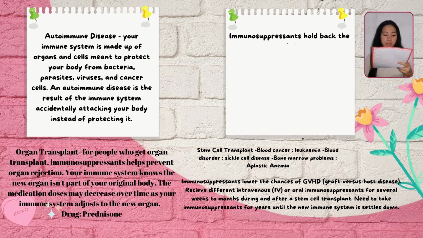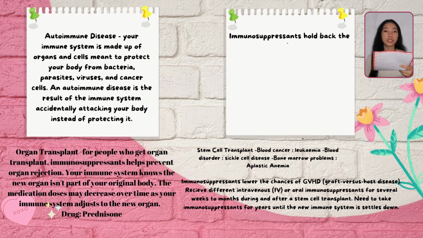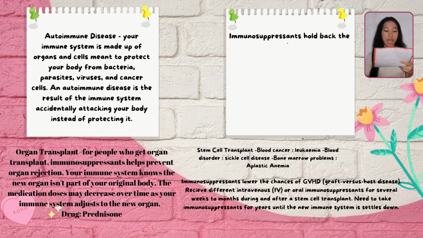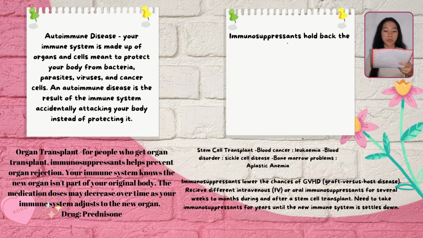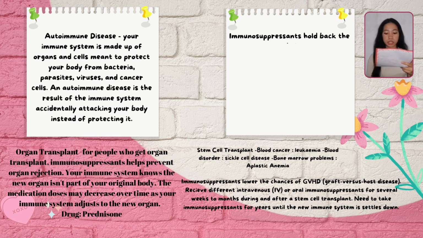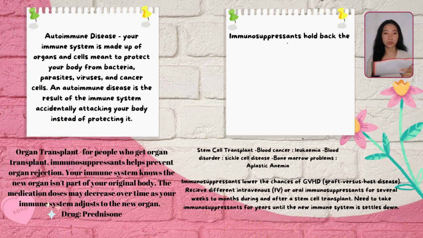You receive intravenous, the IV, or the oral immunosuppressants for several weeks to months during and after the stem cell transplant. You may need to take the immunosuppressant for years until the new immune system settles down.